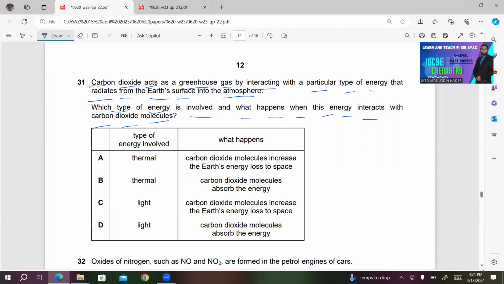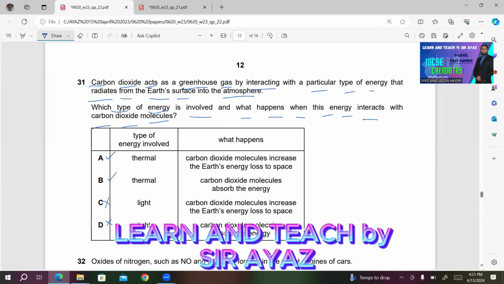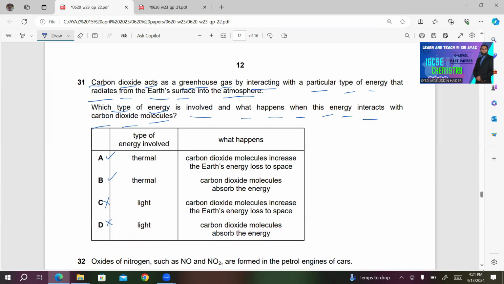So either A is correct or B is correct. Both C and D are incorrect. Now, what happens with the thermal energy? The carbon dioxide molecules increase the Earth's energy lost to space. No, it does not. So A is incorrect. Carbon dioxide molecules absorb energy. Yes, this is the reason. B is the right answer for this one.